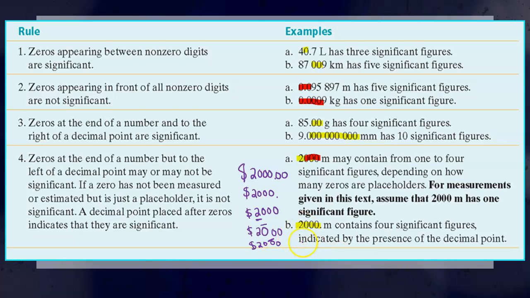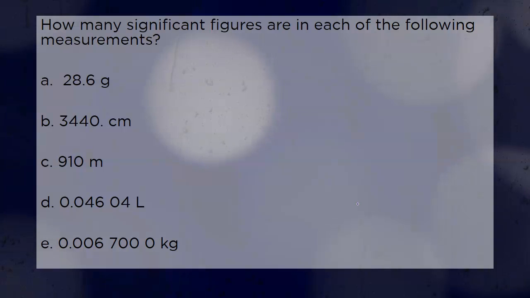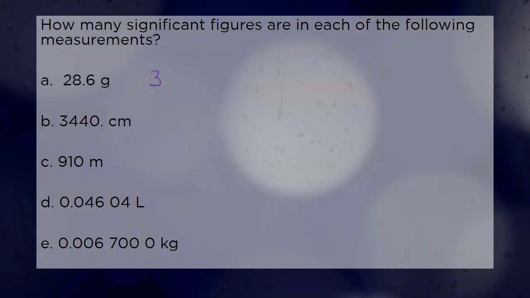But I want to look at some examples to see if we're catching on here. You can just say it or hold up your fingers if you know it. But I'm hoping we all get the first one. How many sig figs does 28.6 have? Yeah, I agree that would be 3. How about 3,440 with a decimal point?